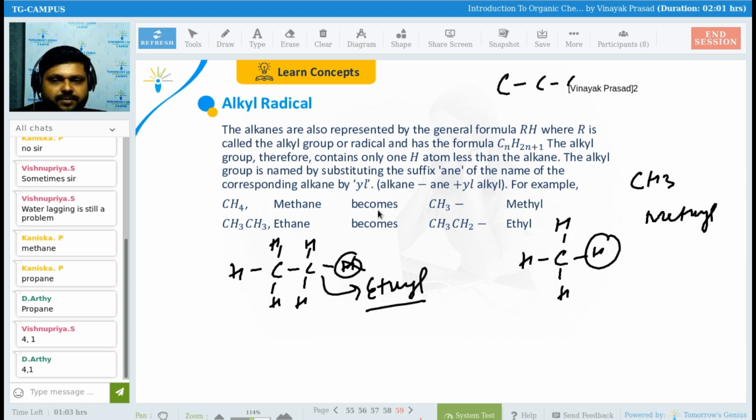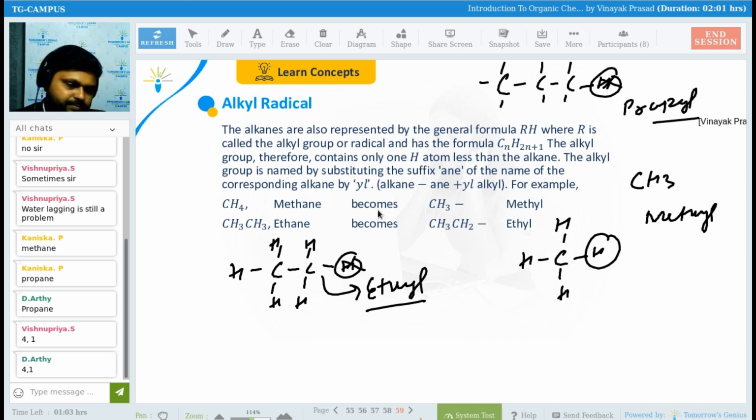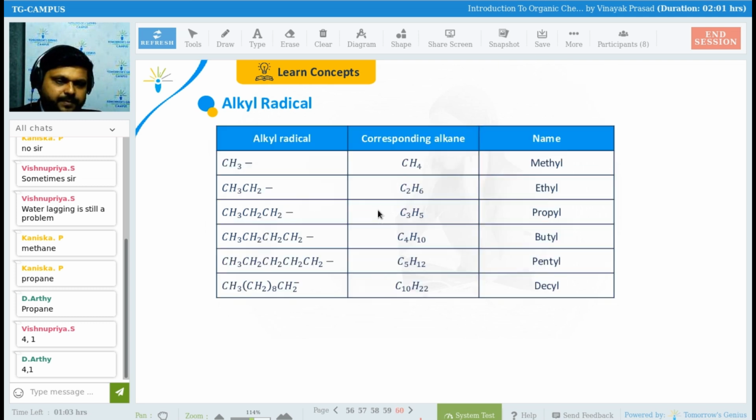Next one is what? Let's suppose we are having 3 carbon, and we are removing this hydrogen from here. So this is what? Propyl. Is it okay? Fine. Now, see here. So this is what?